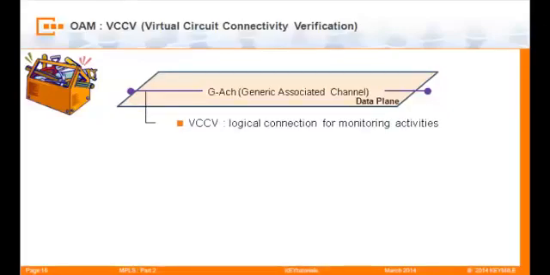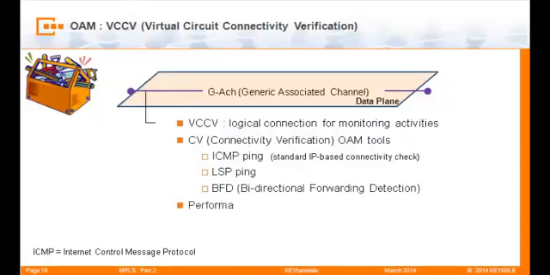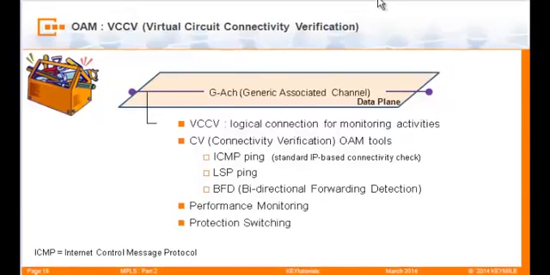And this circuit is used to relay the verification tools such as ICMP ping, that's the standard ping we're familiar with, and then two new tools, the LSP ping and also BFD, that's bidirectional forwarding detection. And it's also used when required to carry performance monitoring data and also to relay protection switching information.